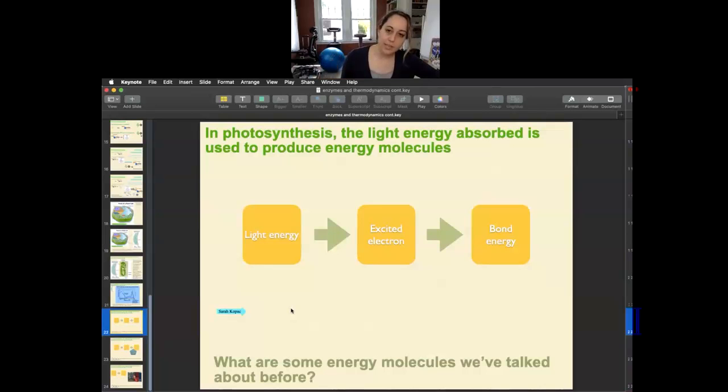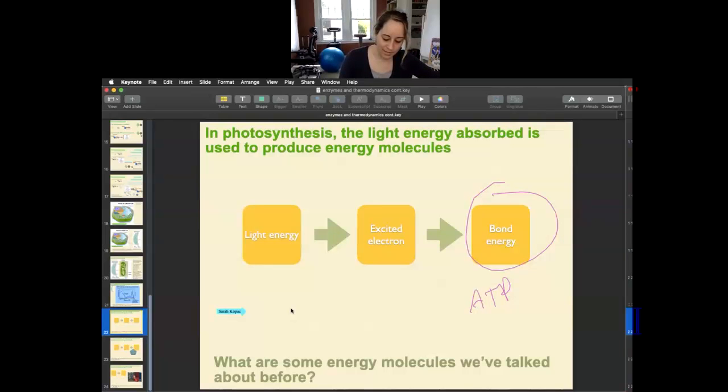And the electron then is going to be passed along between many molecules in the plant cell, many enzymes, and a little bit of the energy from that electron is used to do different reactions. And finally, that is going to turn into bond energy, and in particular, bond energy that ends up in ATP.